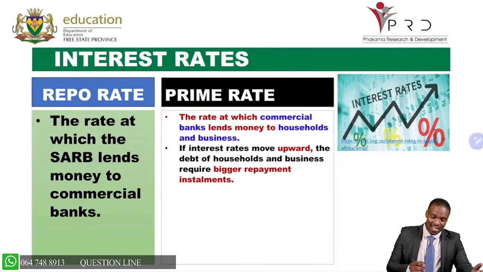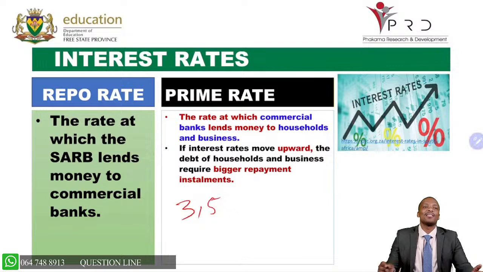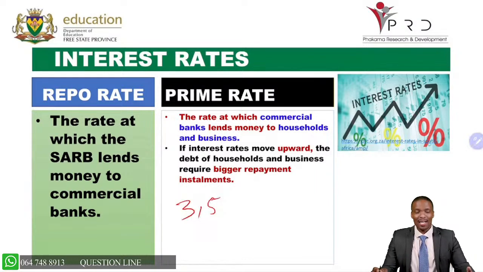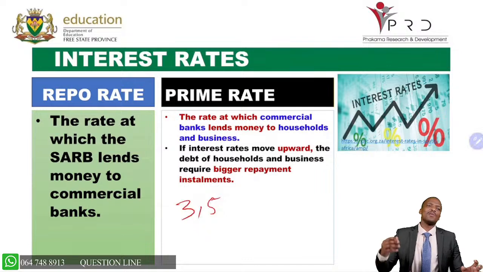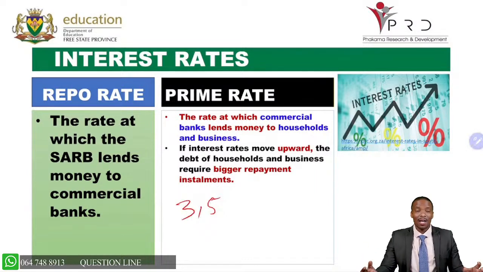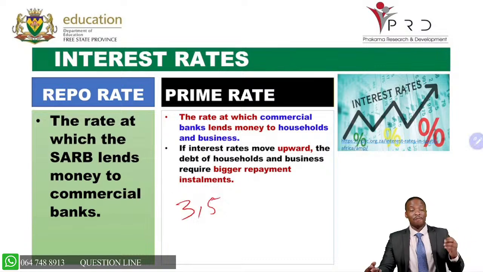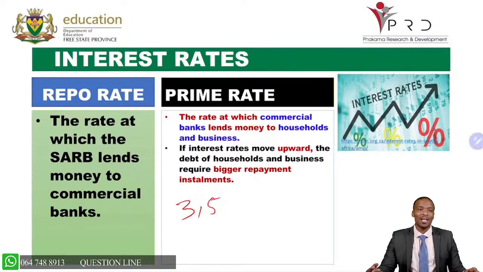I repeat, the gap between the prime rate as well as the repo rate is 3,5. So we usually say to learners, if the repo rate is 8%, can you determine the prime rate? And learners subtract instead of adding. So if the repo rate is at 8%, the prime rate is currently at 11,5%.